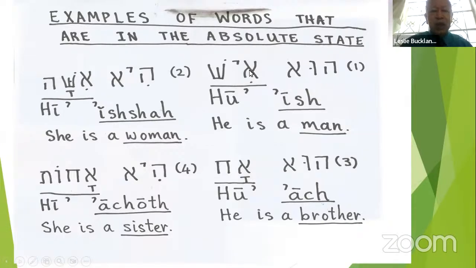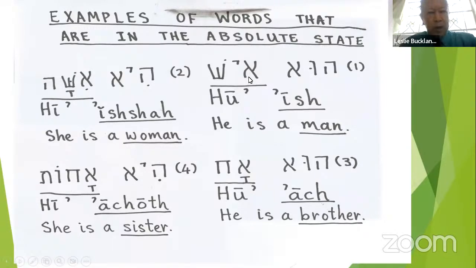That ish is not depending on another set of words to add to its meaning. And so since it is standing by itself, it is said to be in the absolute state. So ish, which means a man, is in its absolute state.